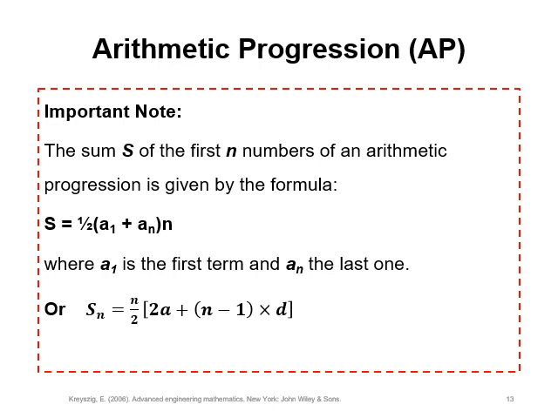S is 1 over 2, A plus the last term, multiplied by N. Now, if we look to find the sum up to N value, then we have this general formula. It says Sn, the sum up to N value, equals N over 2 multiplied by, between brackets, 2A plus N minus 1 D.